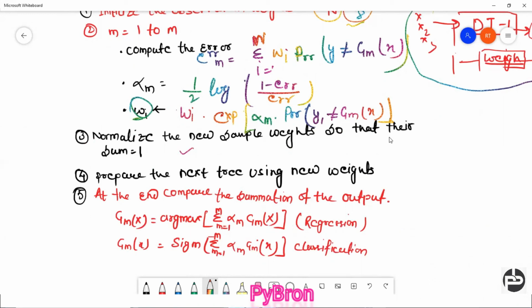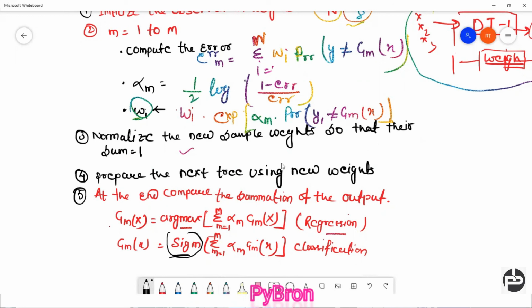Again with the new weights, we are going to pass our input to the final function. If you are solving a regression problem, then you have to use the argmax. If you are solving a classification problem, and it is a binary classification problem, then you should use the sigmoid function.